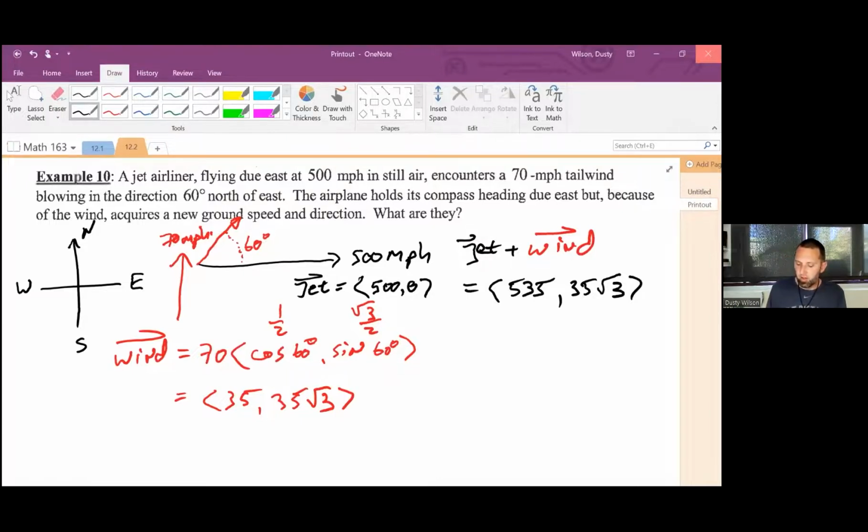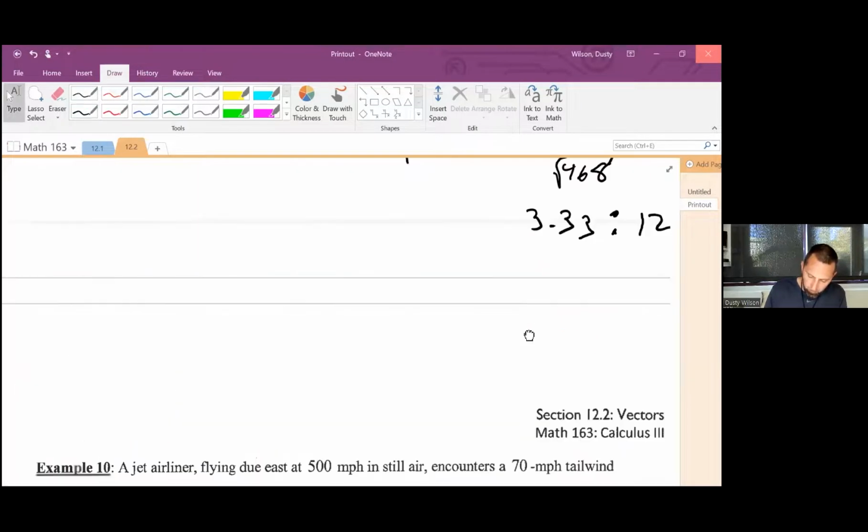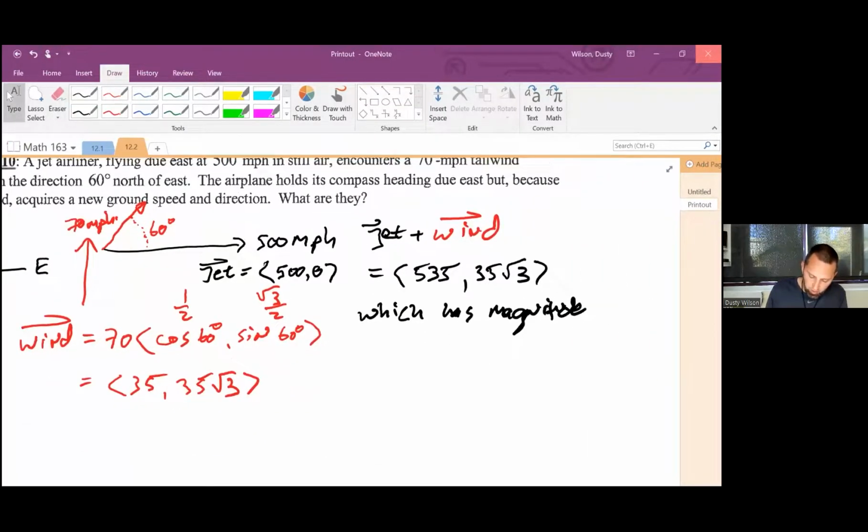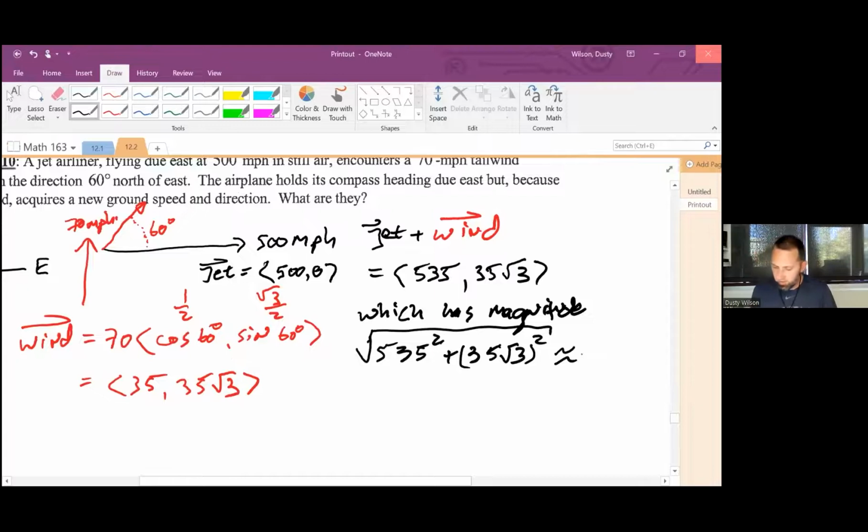So the ground speed is the magnitude. Which has magnitude the square root of 535 squared plus 35√3 quantity squared, which is about, according to my Texan friend, 538.4.